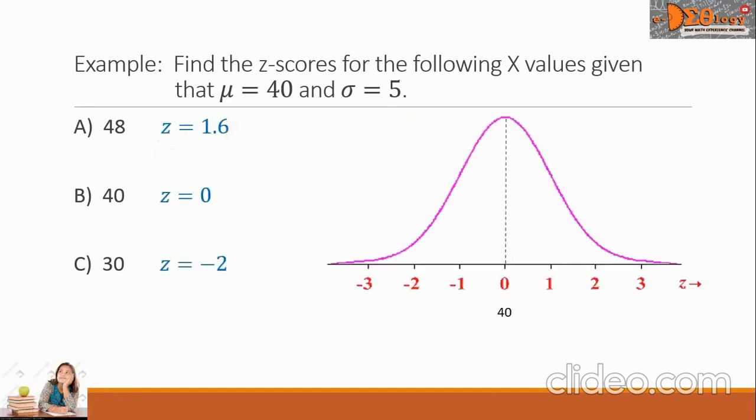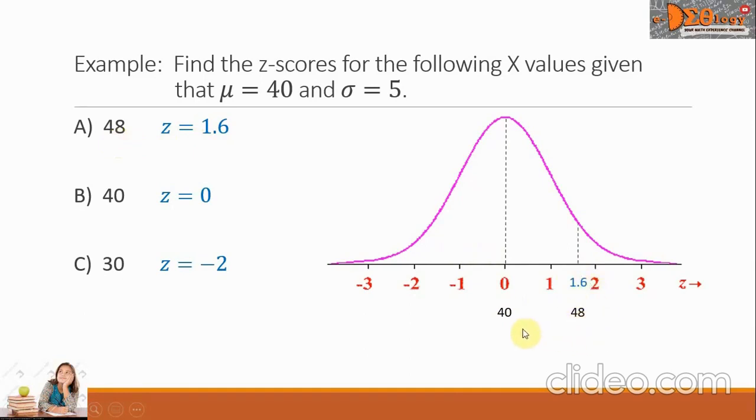Now, let us show the z value in a standard normal distribution. We have the mean as 40 corresponding to 0 in the standard normal distribution. So let us begin with letter A. The z equals 1.6 for the x value 48. So here is the 1.6 and the 48 is here.